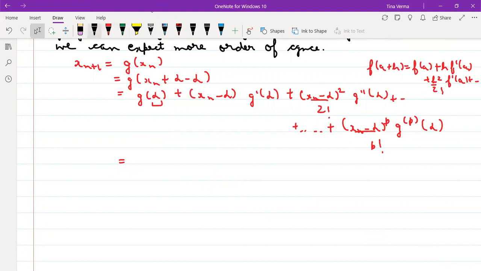If alpha is the fixed point, what will be the value of g(alpha)? It will be equal to alpha. First order derivative is 0, second order derivative is 0, so the whole quantity will be 0. So only the last quantity will be left: (xn minus alpha) to the power p by p factorial.